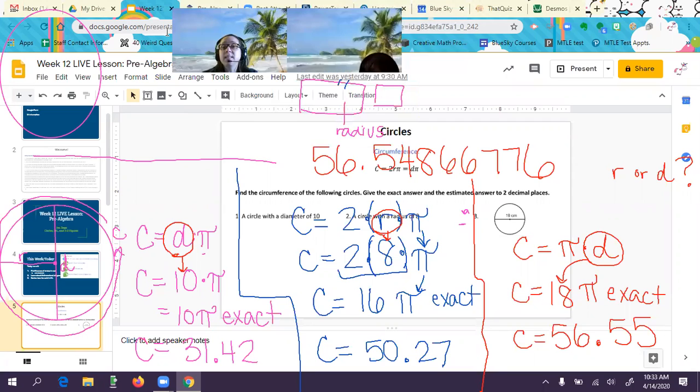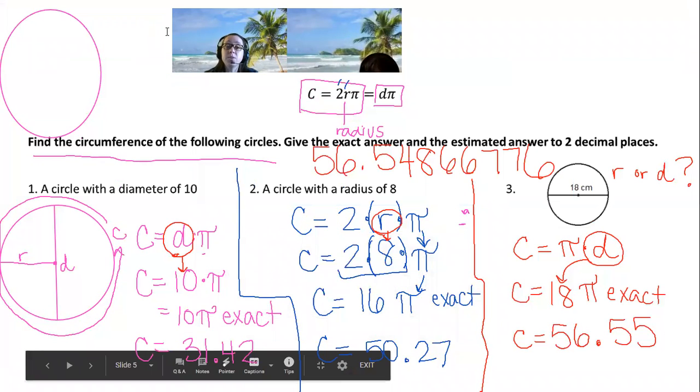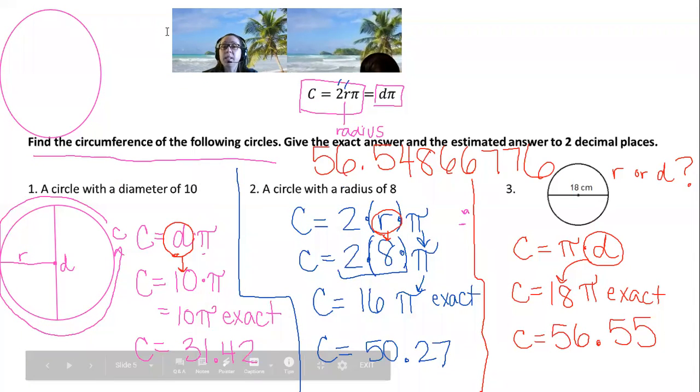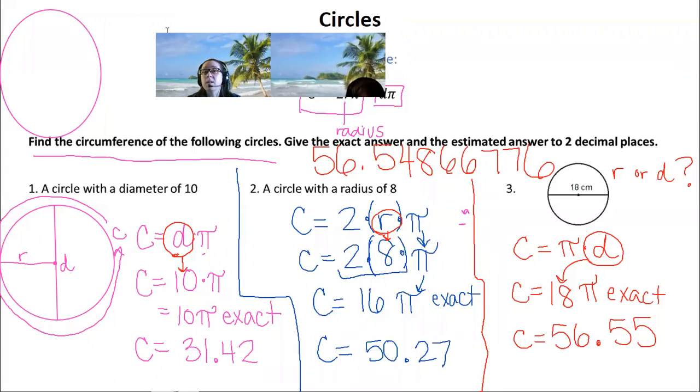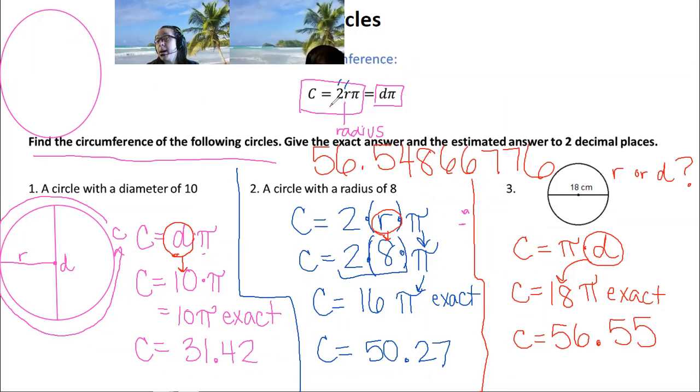So the 18, what we have to do when you're doing this is you're given a formula, and you have to pull in the information from the formula. For circumference, you can either use 2 pi times the radius or diameter times pi. You can use either one.